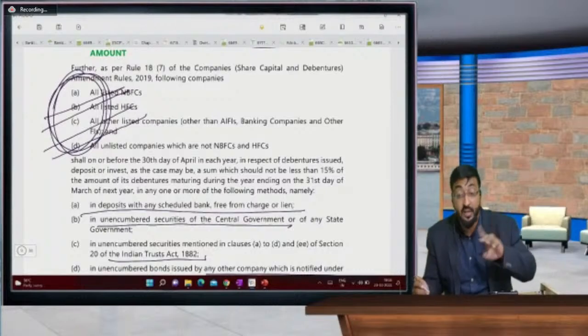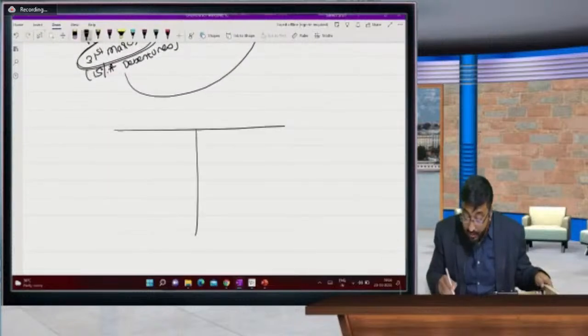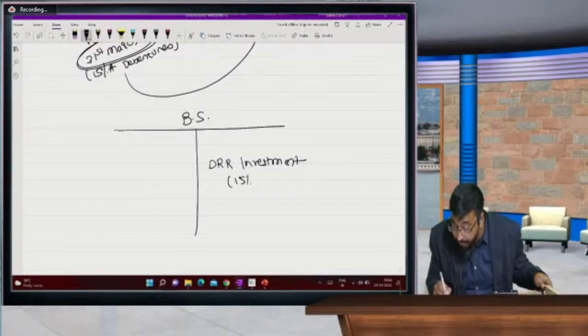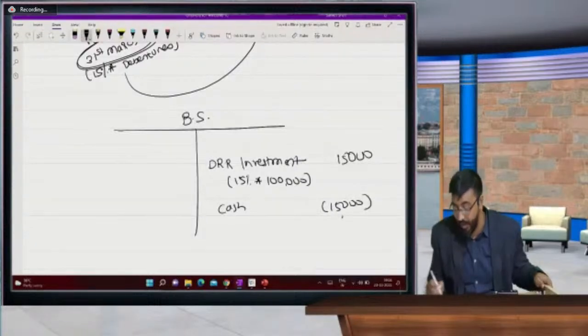And see, there is no relationship. Because see, this is on the balance sheet asset side, DRR investment. So here it is 15% of our example 1 lakh value, which is 15,000, and your cash balance or bank balance is going to reduce by 15,000.